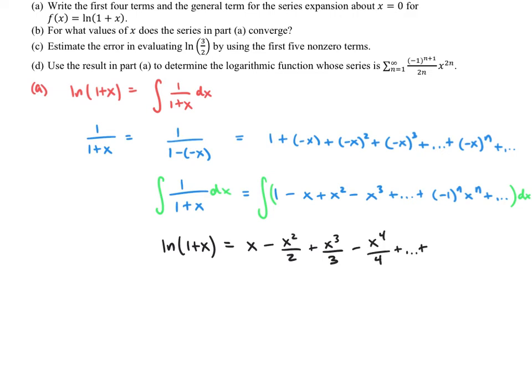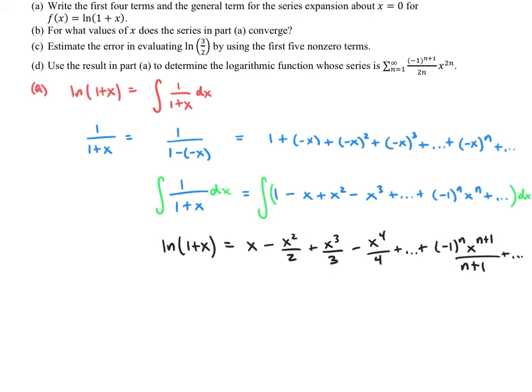The general term would be negative 1 to the n times x to the n plus 1 divided by n plus 1. Keep in mind that the general term can be represented a variety of ways. So for example, my general term would be accurate if n starts at 0, because then my first term is x.